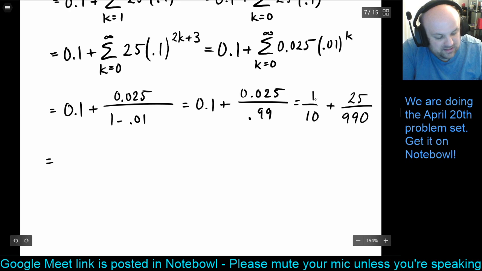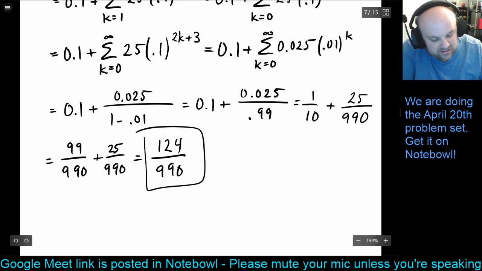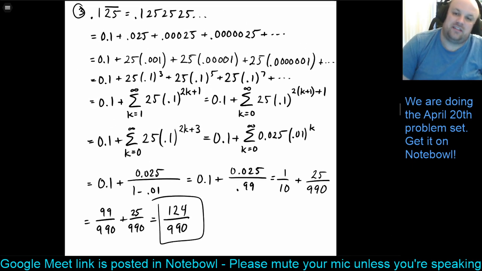So to give it a common denominator, we multiply by 99 on the first one. And so we get 124 over 990. Pretty interesting number. But that's what that repeating decimal is as a fraction.